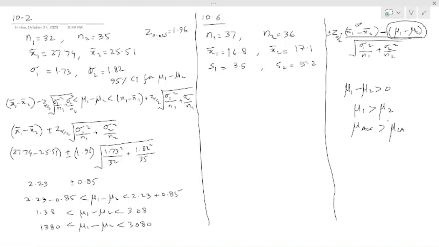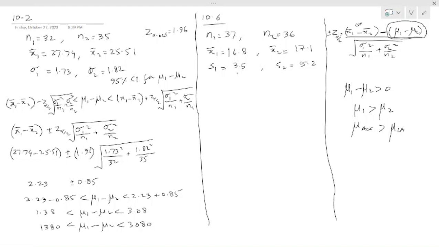Now moving to question number 10.6, which is regarding the two different dieting programs. The first one is dieting with exercise, and our second group is indicating the people who dieted only. Their mean weight losses are provided as 16.8 for the first group and 17.8 for the second group respectively.